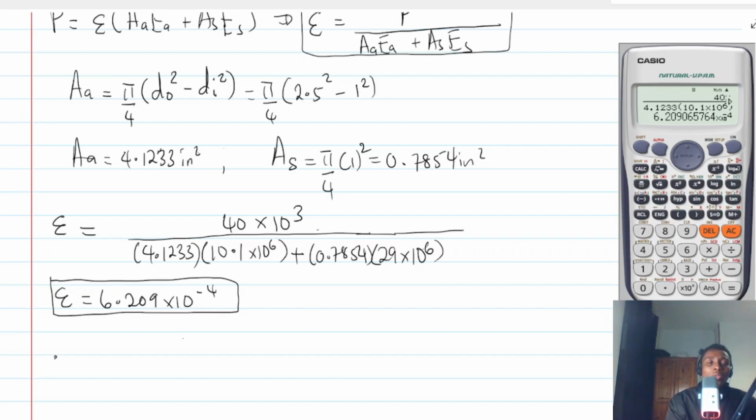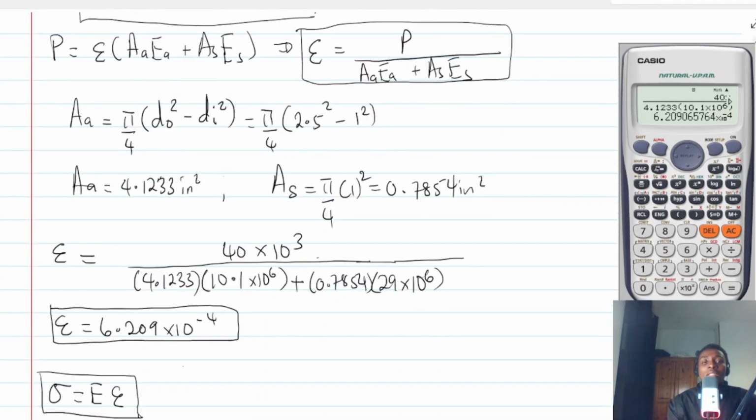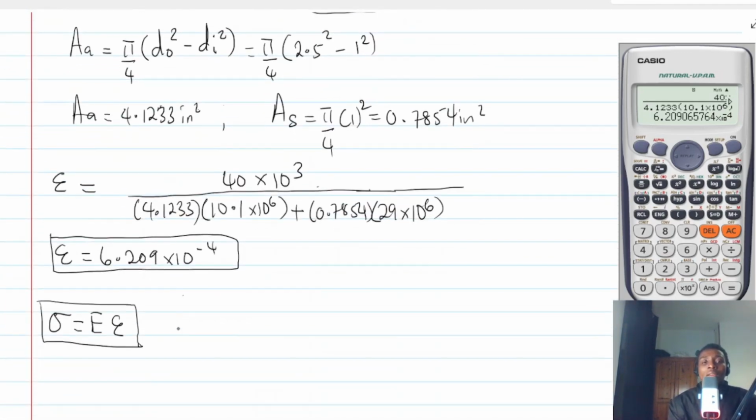But what do we know? We know that sigma is E epsilon, right? So if I know the total strain, then the fraction of the stress which is carried by the aluminum or the steel, we can calculate it.